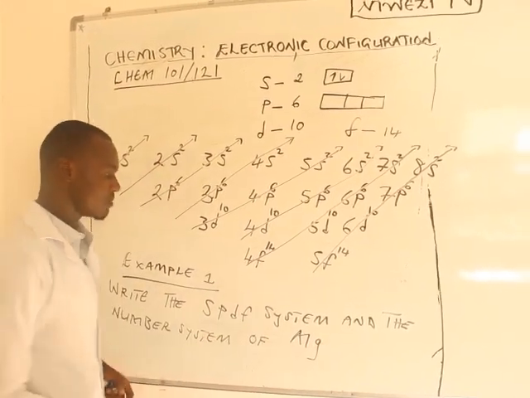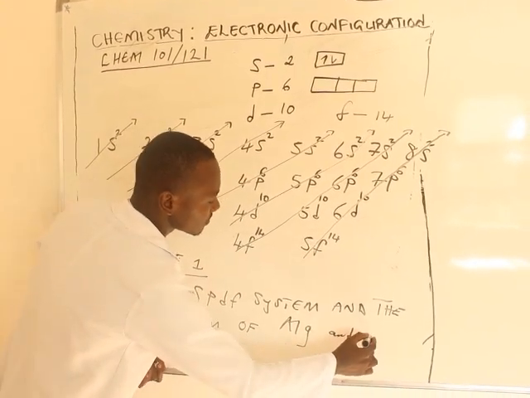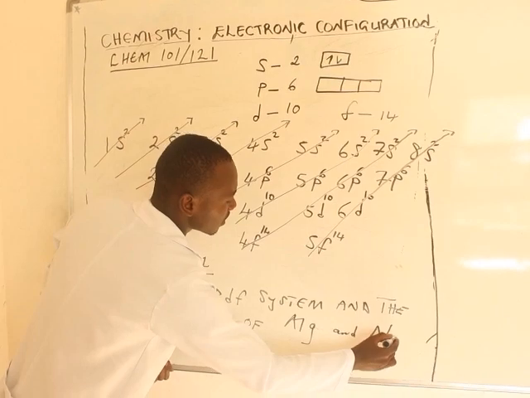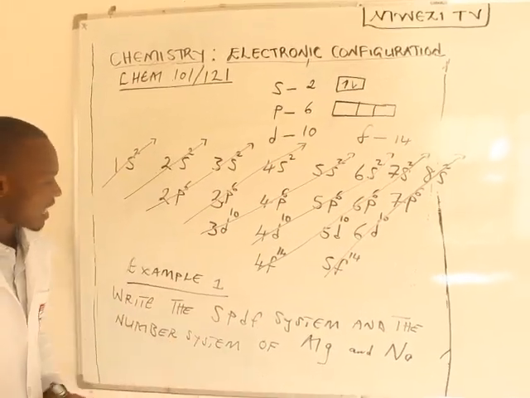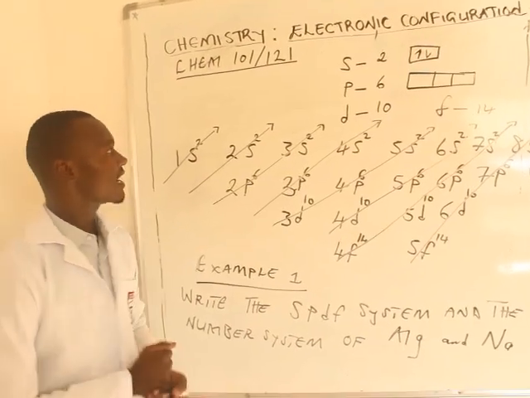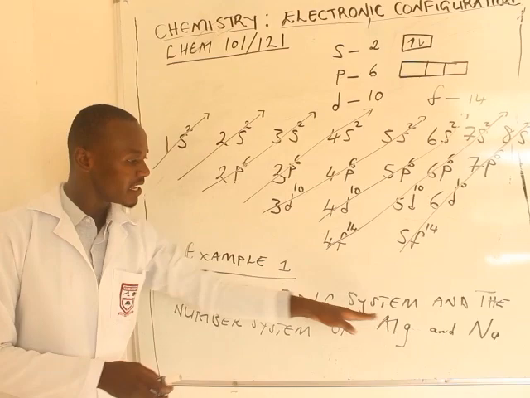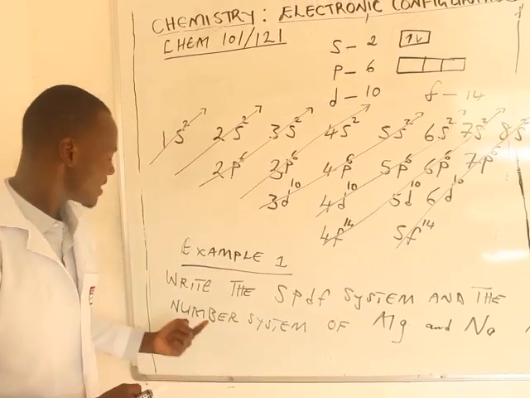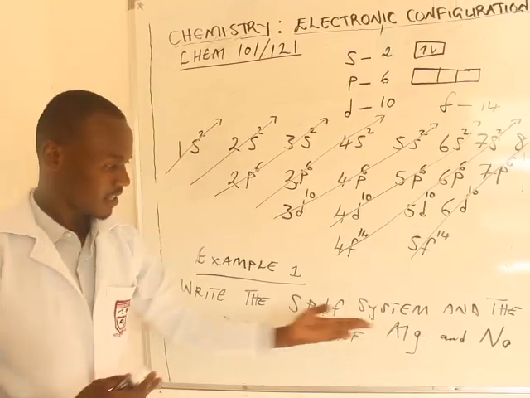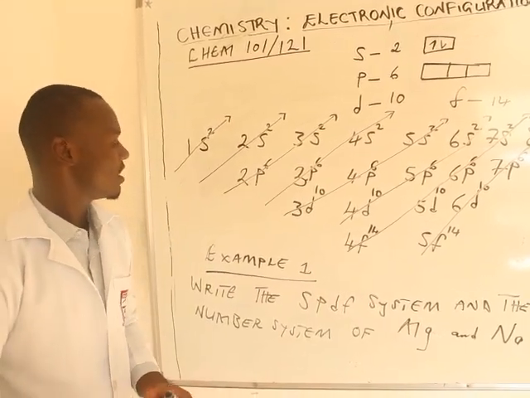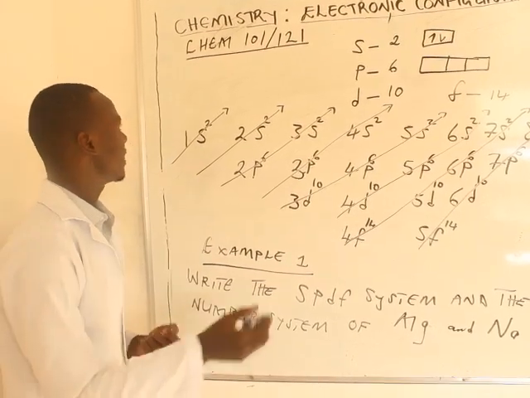This is the chemical symbol for magnesium, and sodium. Okay, so this is our example. So don't forget our question. Our question is requesting us to write the SPDF system as well as the number system of magnesium as well as the sodium element.